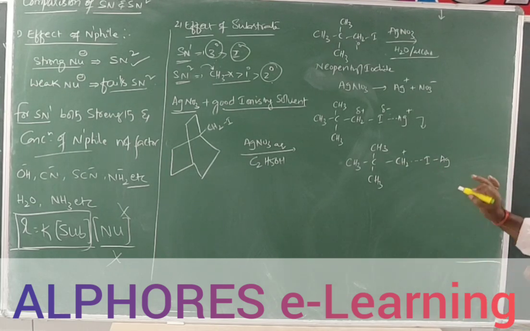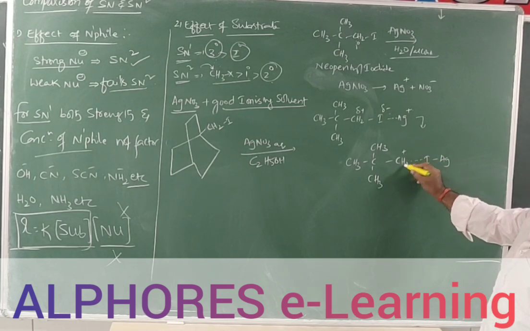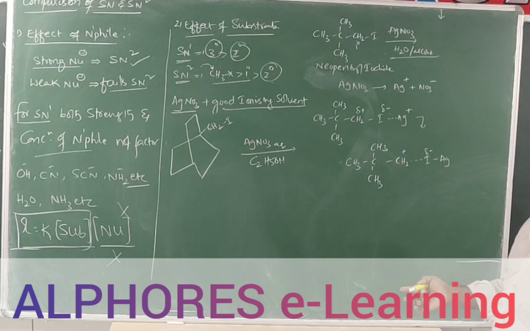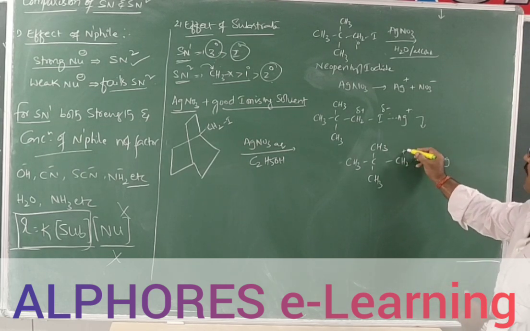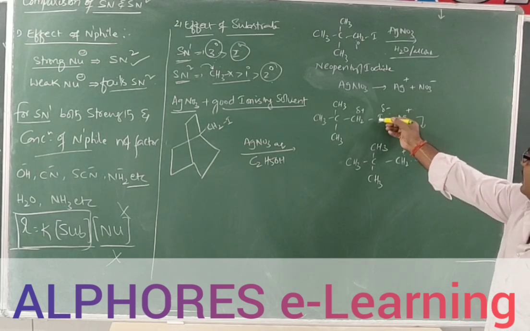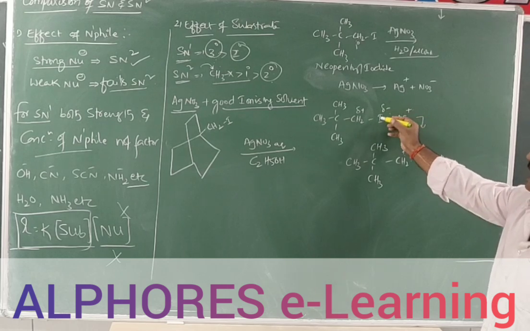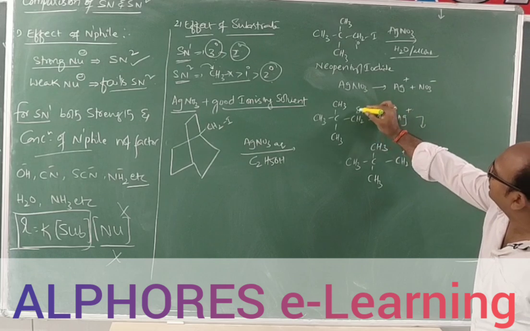Now complete carbocation formation does not take place, but whenever this positive charge appears here, because iodine has a negative charge, the positive charge develops more and more on this carbon, since silver is accepting electrons from iodine and iodine is pulling electrons from carbon. So the same positive charge develops on this carbon.